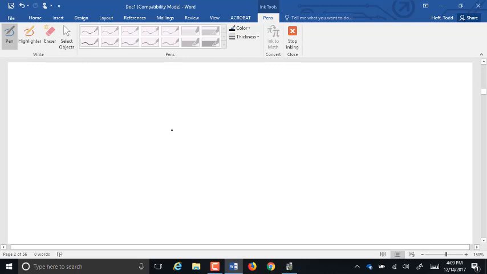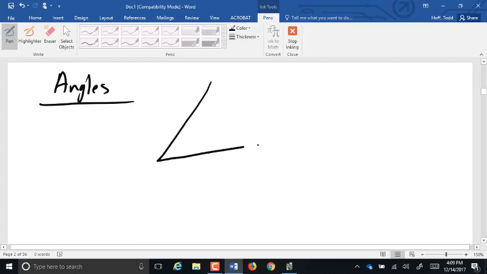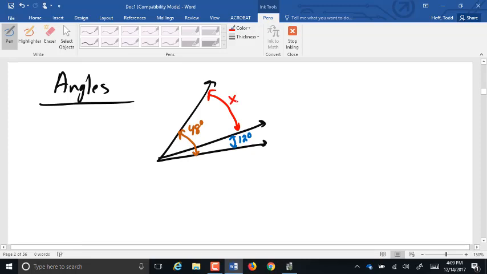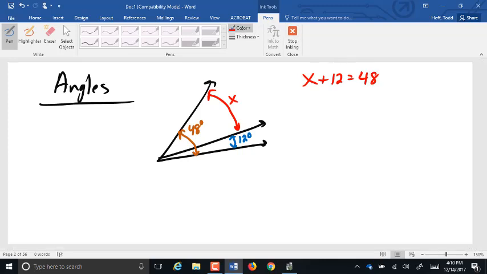From measurements and measurement conversions, we moved on to angles. Given a whole angle of 48 degrees, and that this angle here is 12 degrees, this angle up here would have to be, if I called it x, well, x plus 12 adds up to 48.